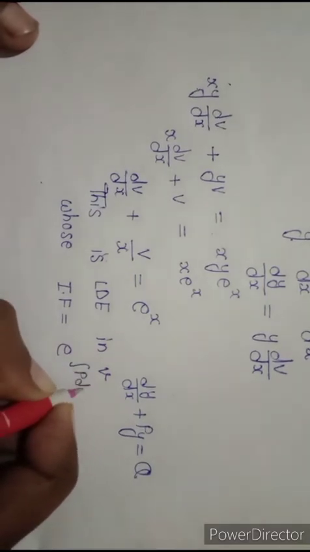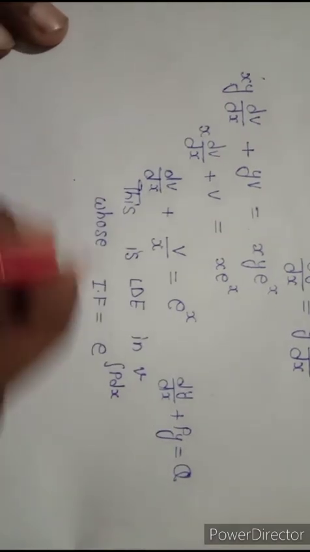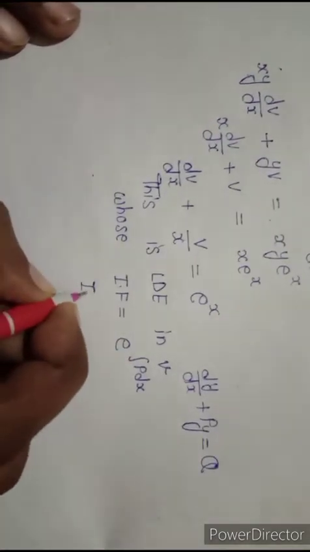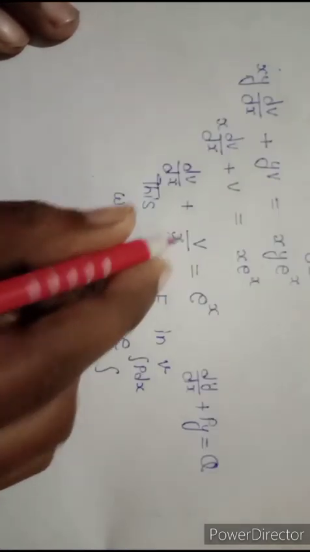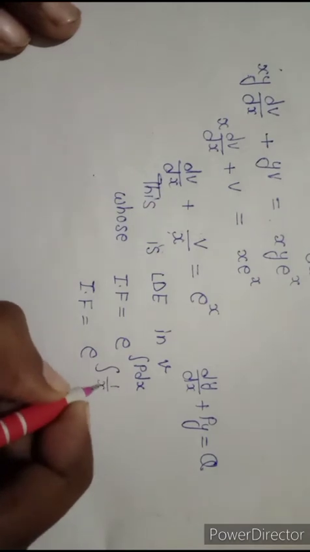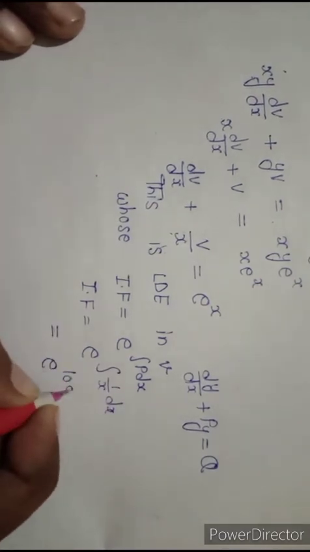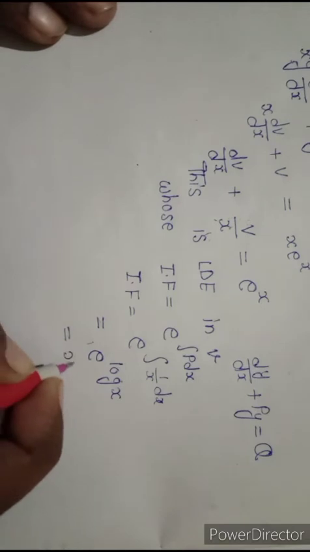Since the independent variable here is x, I am taking the integral with respect to x. Integrating factor is e^(∫(1/x) dx), since the value of p is 1/x, which is e^(log x). Now e^(log x) is x, so the integrating factor is simply x.